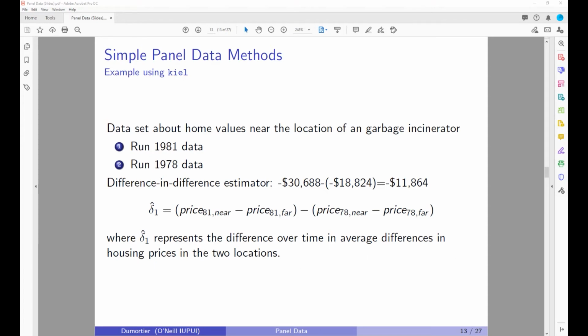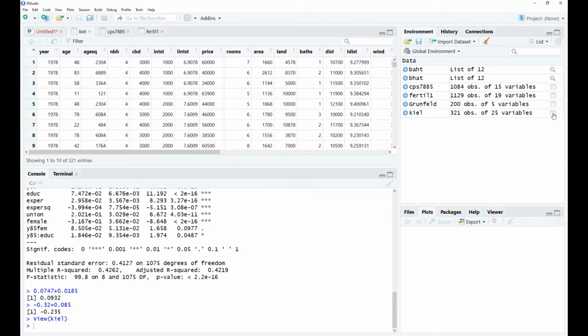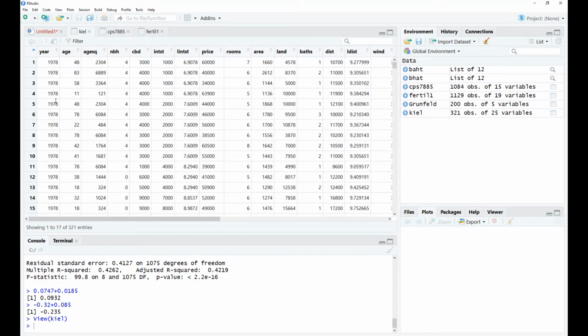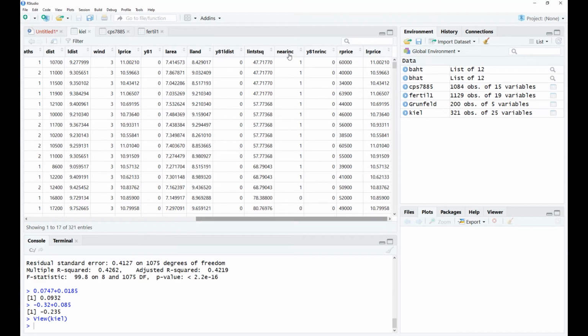Now, the data which I'm going to use for this example is in Kiel, where you have data between 1978 and 1982, and you have the price of homes. You also have information about the rooms, the lot size, area, bathrooms, and so on. And more importantly, you have data about whether the house is near the garbage incinerator.